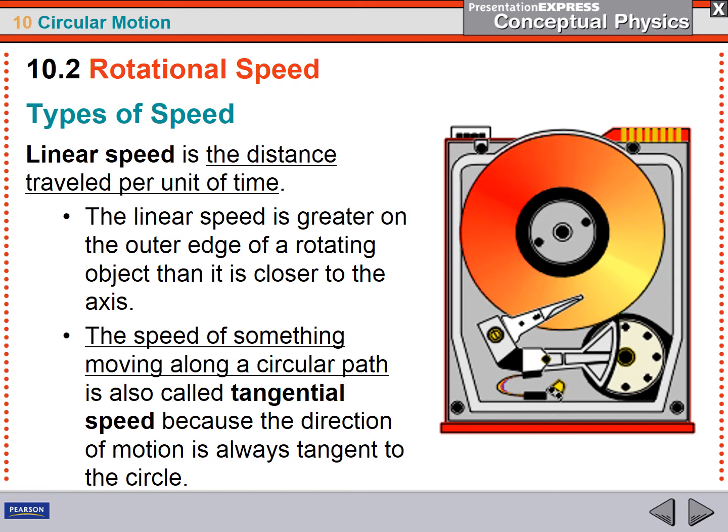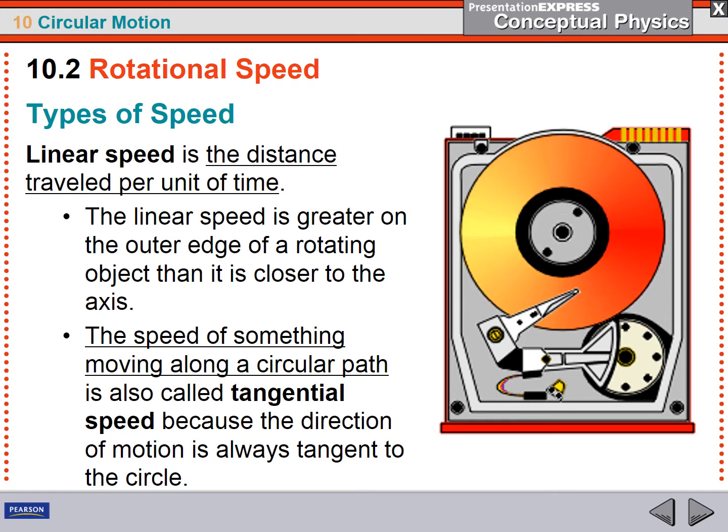First, linear speed. Linear speed is the distance traveled per unit of time. The linear speed is greater on the outer edge of a rotating object than it is closer to the axis. So, when you are farther from the axis, you have greater linear speed.